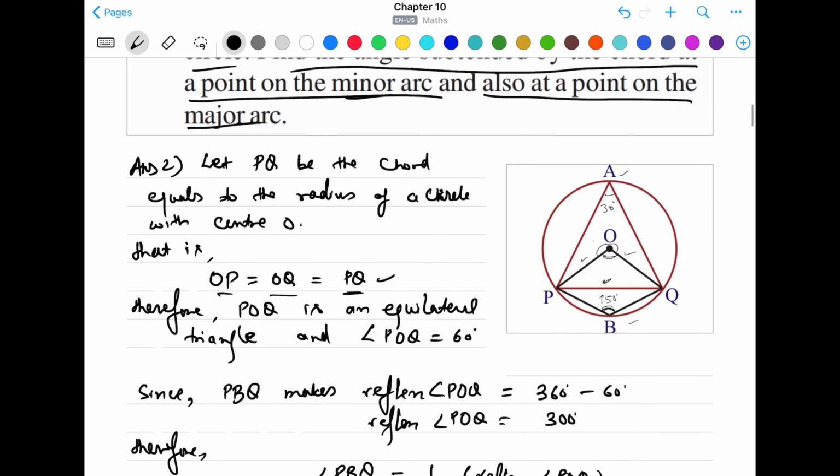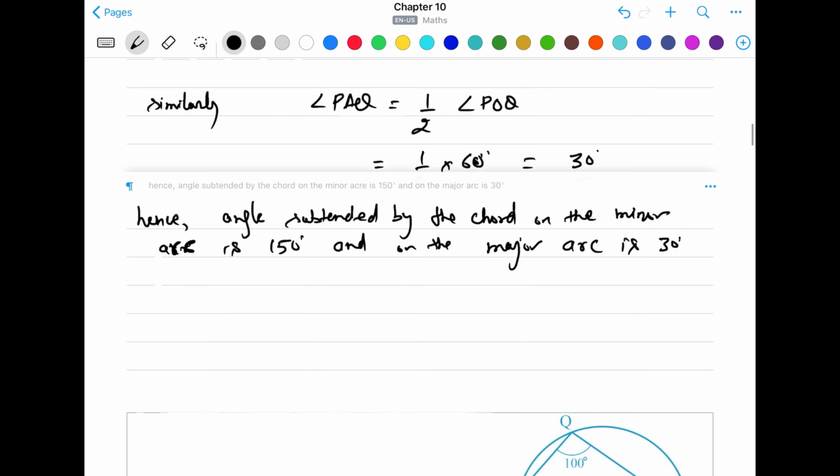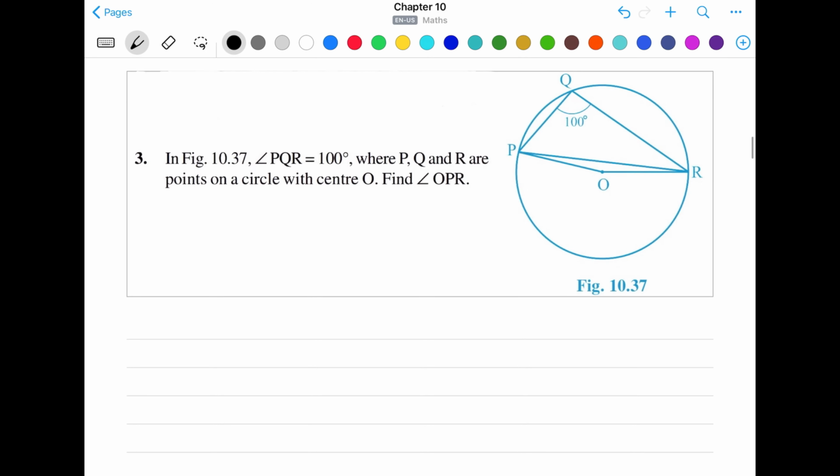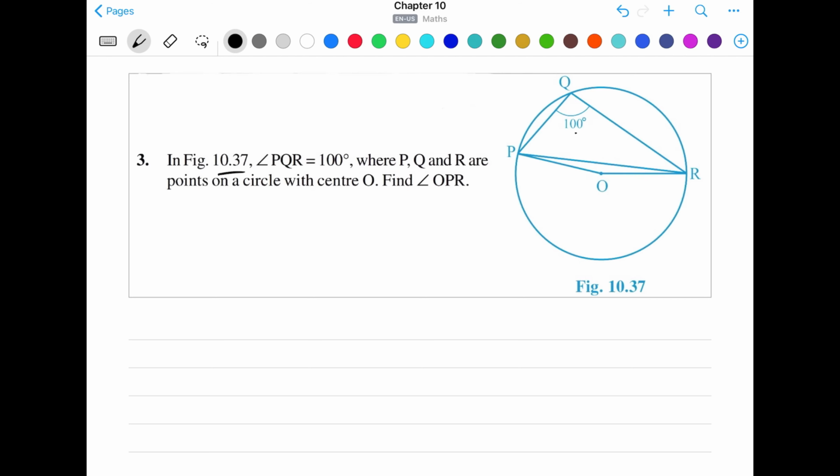Okay, so that's the answer of question number 2 for exercise 10.5. Now moving to the next one, question number 3. Question number 3 is: in figure 10.37 we have angle PQR which is 100 degrees. It's given here.